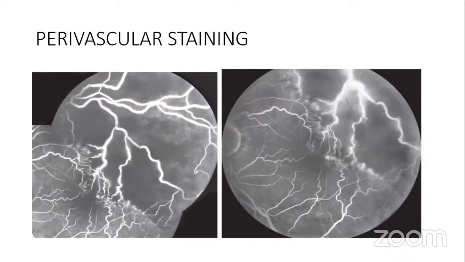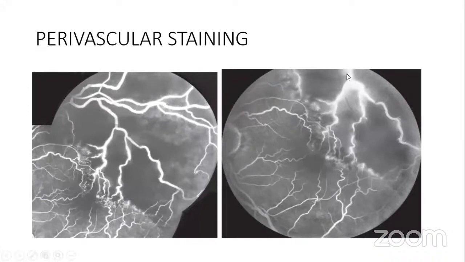Now, but the dye has left the intravascular space and stained the vessel itself. So the vessel is hyperfluorescent. The outside part of the vessel is hyperfluorescent. So it retains some dye. So this is a perivascular staining. The vessels themselves were stained.